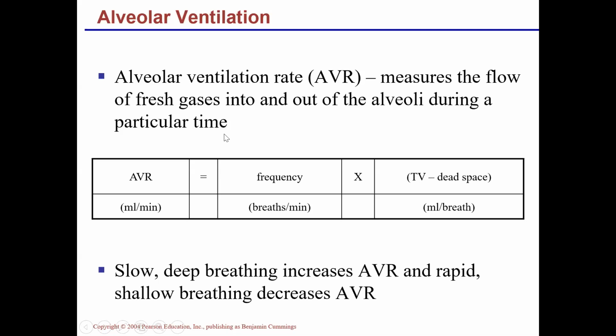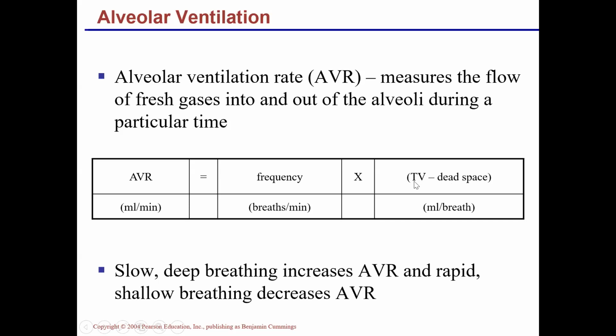This is called the alveolar ventilation rate, which equals the number of breaths per minute times, look at this part, tidal volume, which is each breath, the air in or out in a quiet situation.